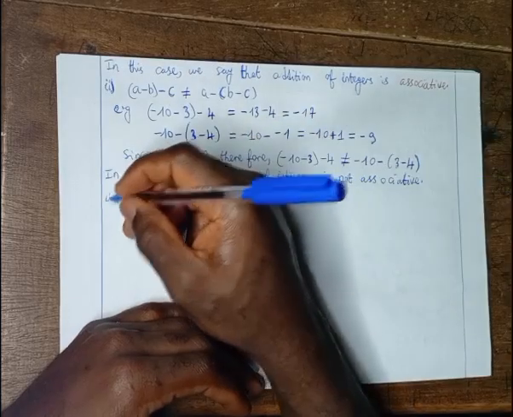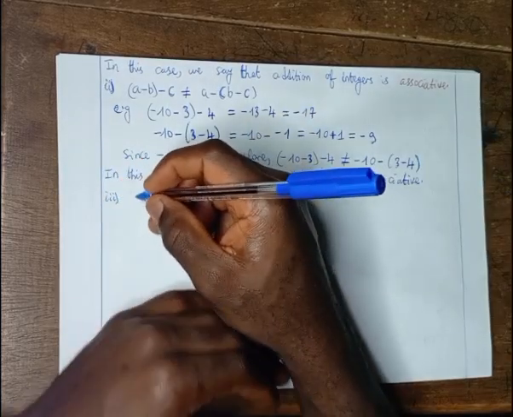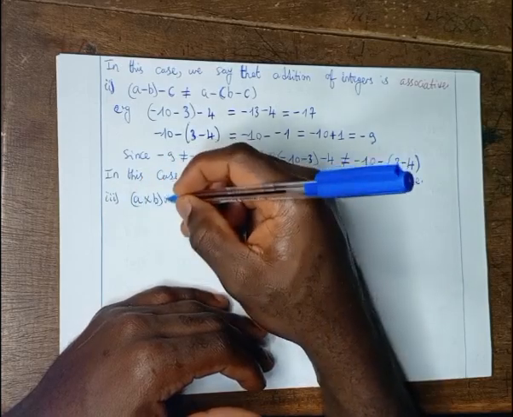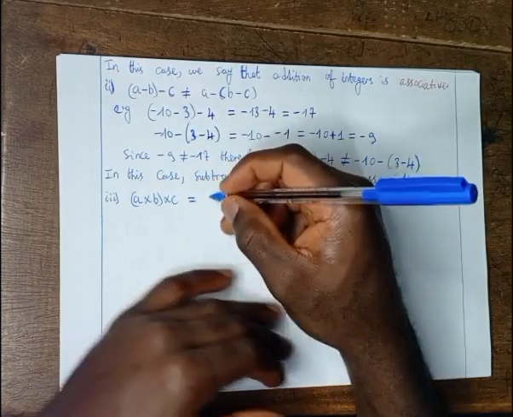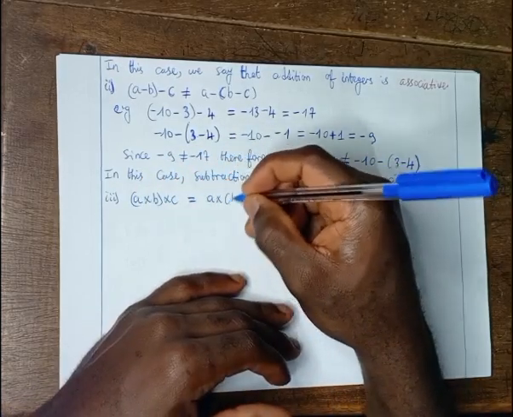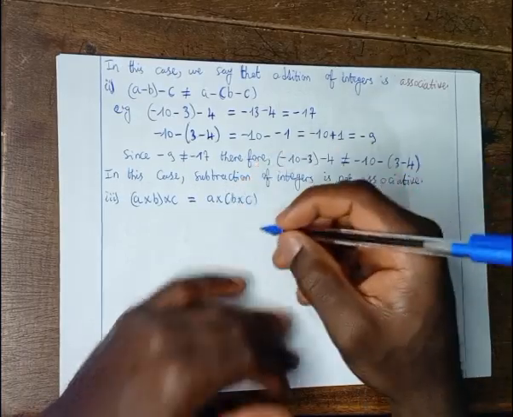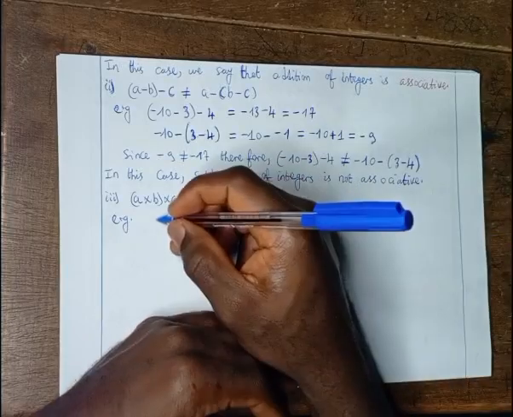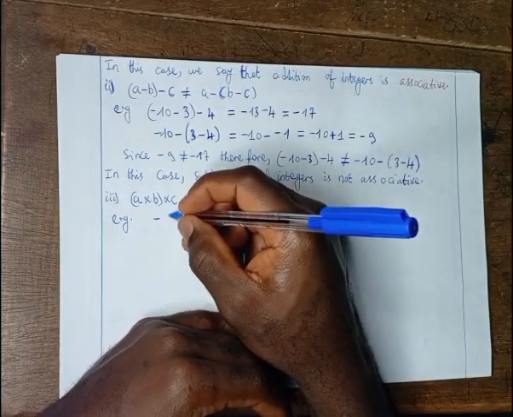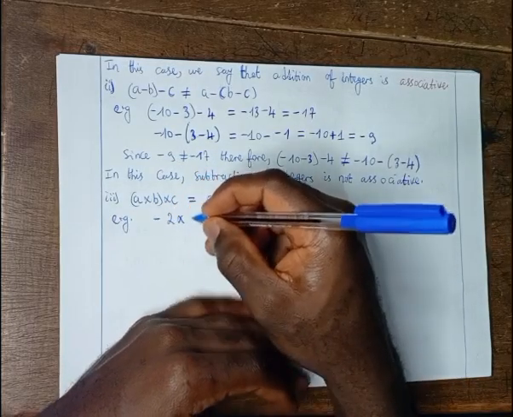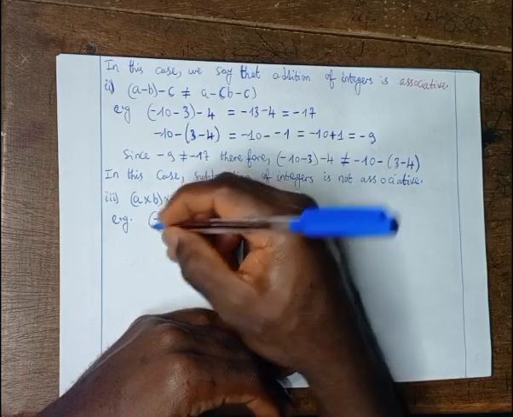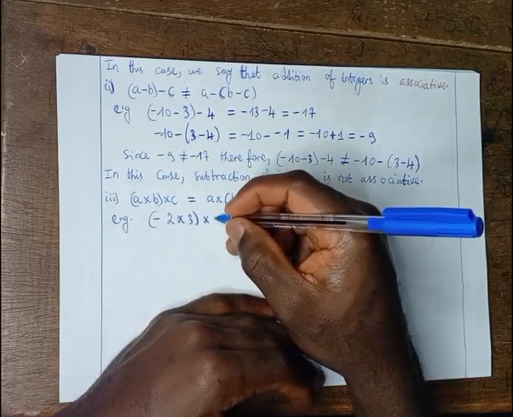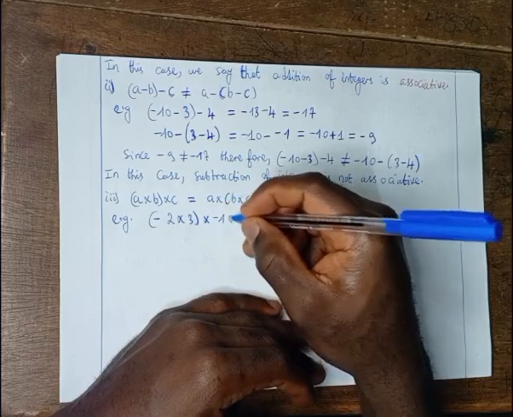So now let's take 3. In the case for multiplication, if you have a times b in bracket like this times c, the result will always be the same as a times b times c. Let's take, for example, negative 2 times 3 like this times we multiply by negative 10.